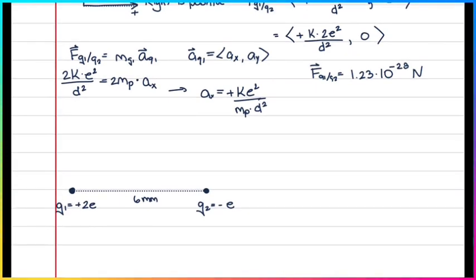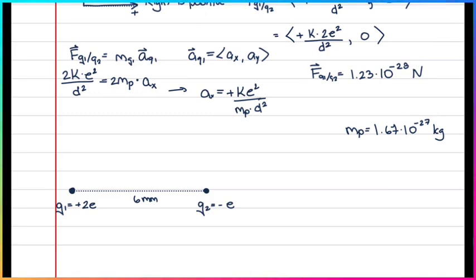And then I could plug things in for the acceleration. I do need to look up the mass of the proton. Mass of the proton, 1.67 times 10 to the negative 27 kilograms. You might think this force seems absurdly small, 10 to the minus 23. But we're only dealing with protons here, so when we divide by this proton mass, we're dividing by something that's 10 to the minus 27.